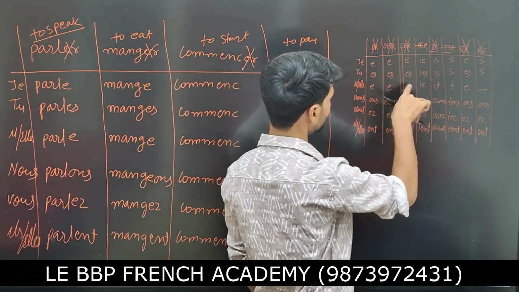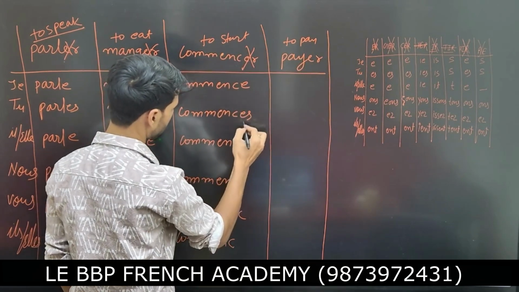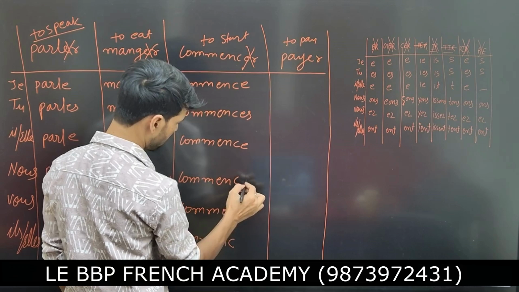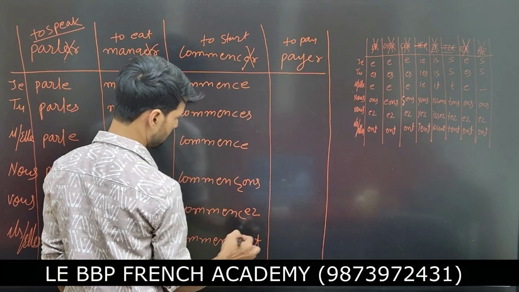Simple: e, es, e, with the cedilla, ons, ez, ent. So we put e, es, e, and put the cedilla, then you put ons, ez, and ent.